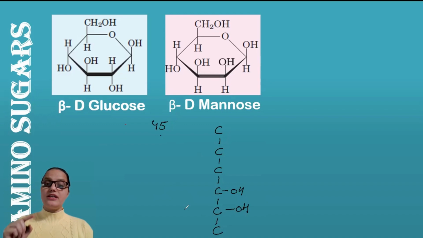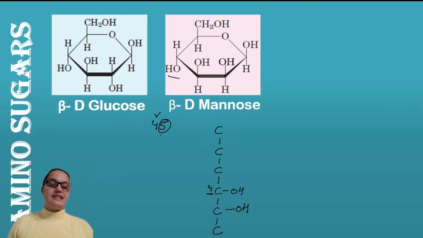Because over here on these two positions OH is directed on the right hand side, that's why OH on the 4th position should be directing downwards, while the 5th position in the process of cyclization loses its OH, so we cannot consider this position. So how will mannose look in the cyclic structure? All the OH apart from OH on carbon number 4 will direct upwards. On carbon number 4, OH will direct downwards because its code is 4 for the cyclic structure.